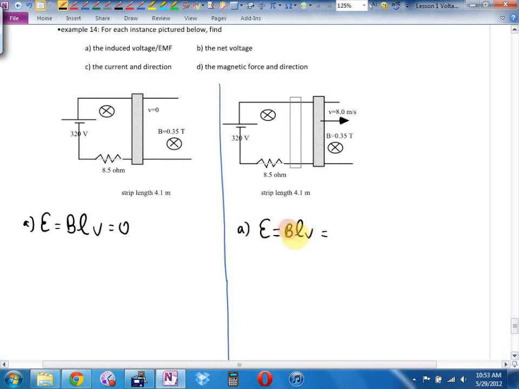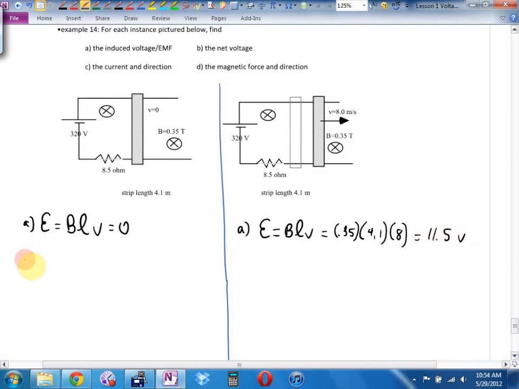Second one is going to be B, 0.35, L, 4.1 meters, V 8. Sorry? 11.5? Is that right?